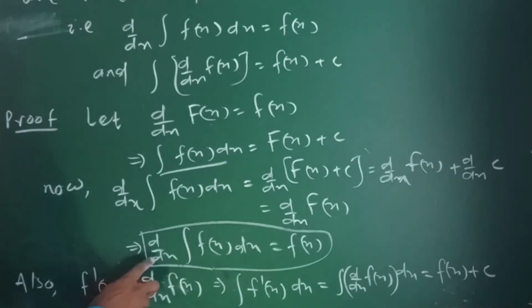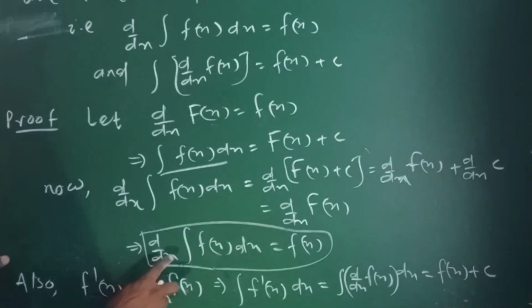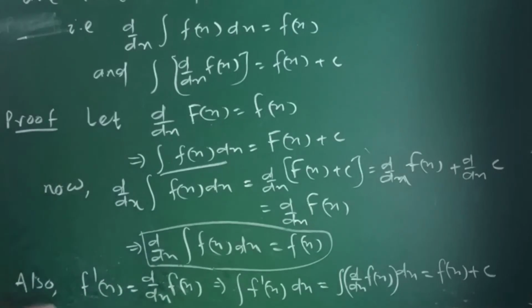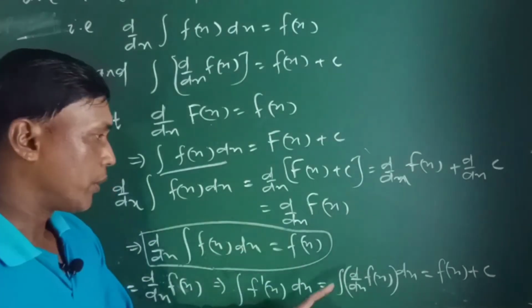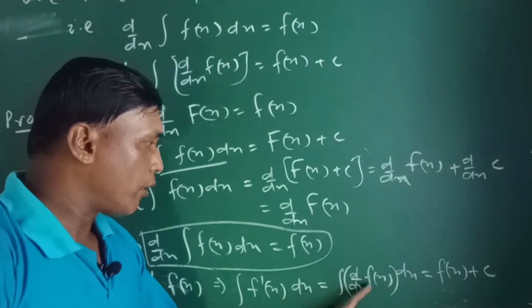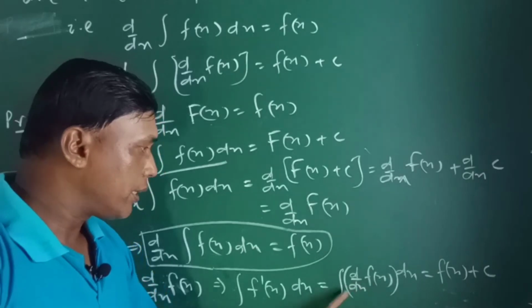Next, we find the integration of a derivative. Now f dash x means derivative of f of x. Integrating both sides, integration of f dash x dx is equal to integration of d by dx of f of x. We know integration and derivative are inverse.